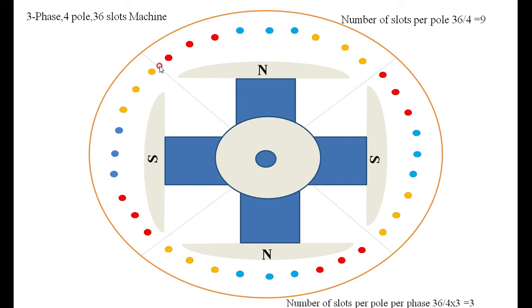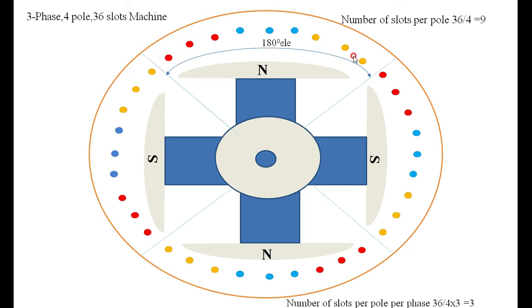Now, I told you that from the center of the N pole to the center of the S pole is what we call the pole pitch, which is equal to N. N is nothing but the number of slots per pole, which is equal to 9 here. Now, the angle subtended for the pole pitch is 180 degrees electrical, which is a constant. Now what I am interested in is the angle between the adjacent slots.